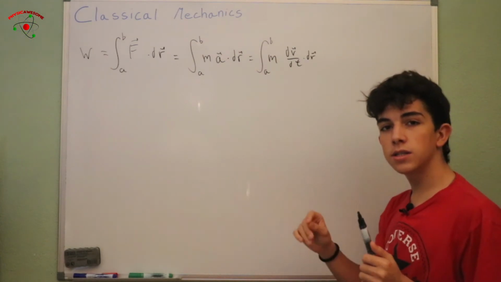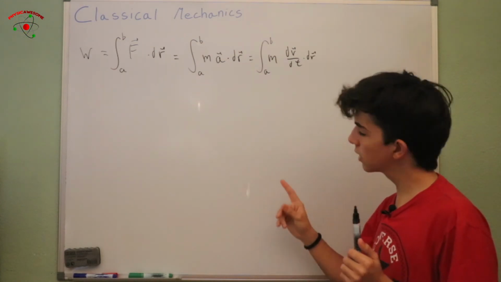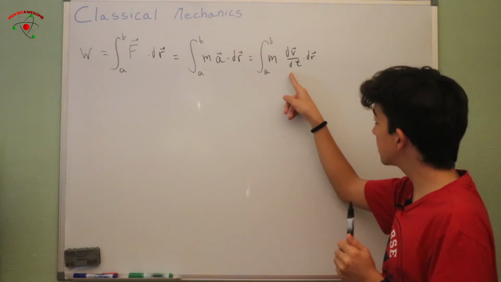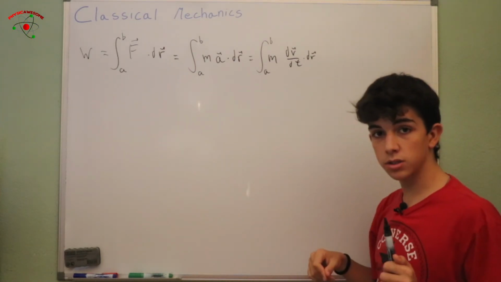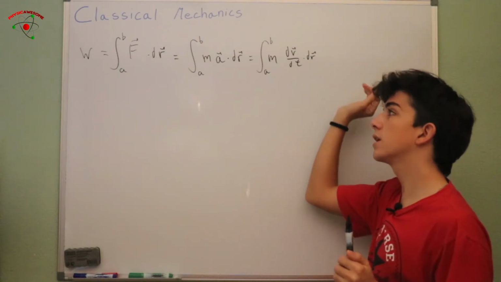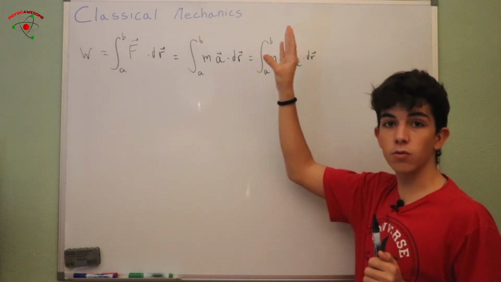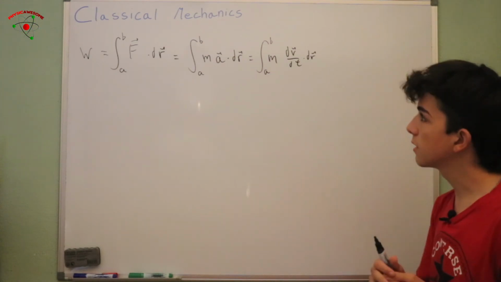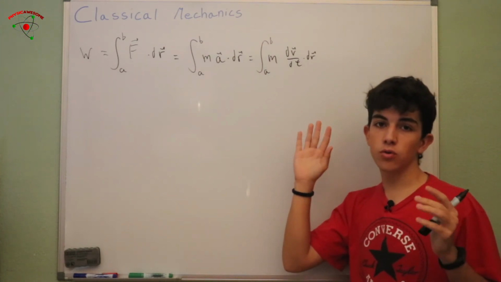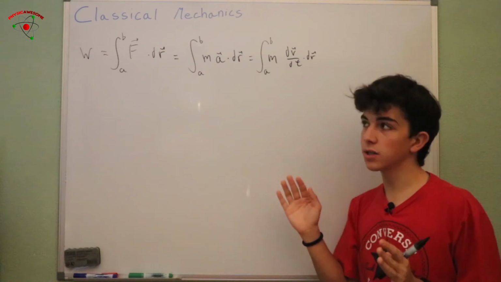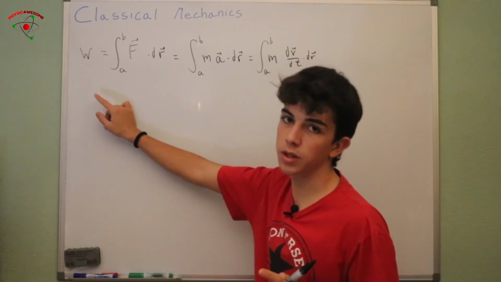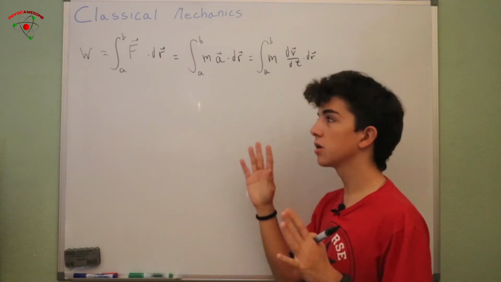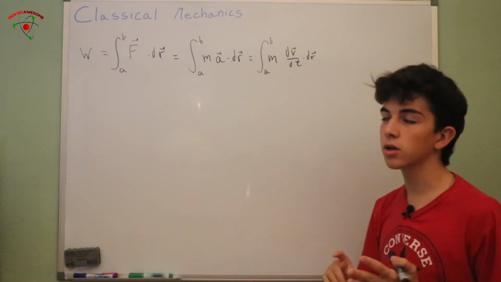And now this is the key step. We change this dt to dv, and therefore we change the thing we are integrating with respect to. In fact, to do this mathematically correct, we would have to do it first with the differential of work and then integrate the differential of work, but it will work anyways.